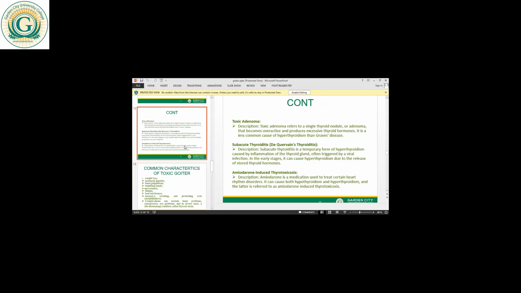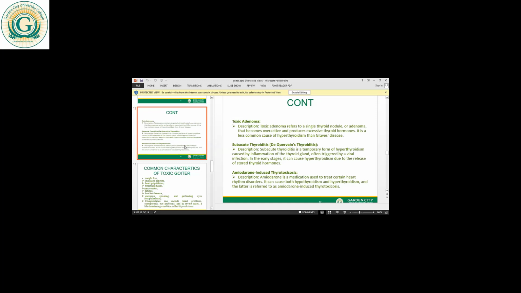So the next type under toxic goiter is subacute thyroiditis, or De Quervain's thyroiditis. This is a temporary form of hyperthyroidism caused by inflammation of the thyroid gland, often triggered by viral infection. In the early stages, it can cause hyperthyroidism due to the release of stored thyroid hormones.